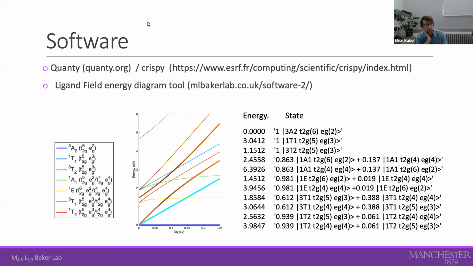And then if you consider, and I mentioned this briefly, the effect of metal-ligand covalency, which you can, in a hand-wavy picture, consider as the delocalization of the 3d electrons as they expand out over the molecule or the local coordination environment around your absorber.